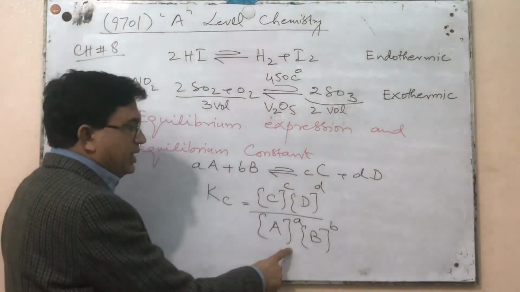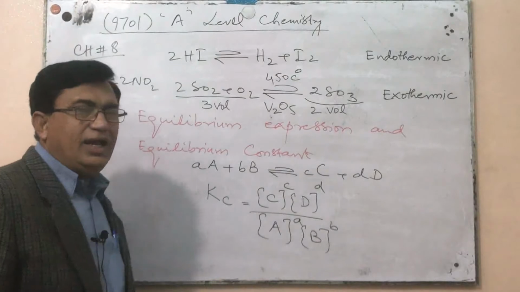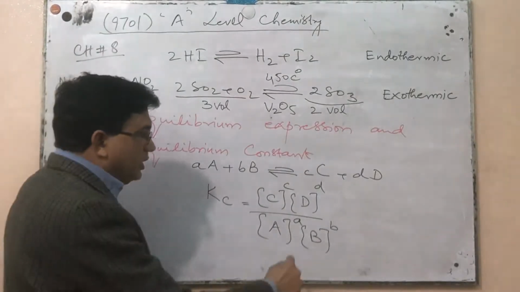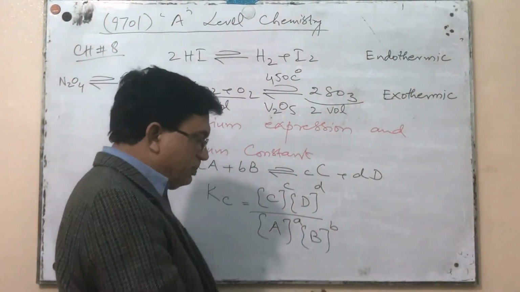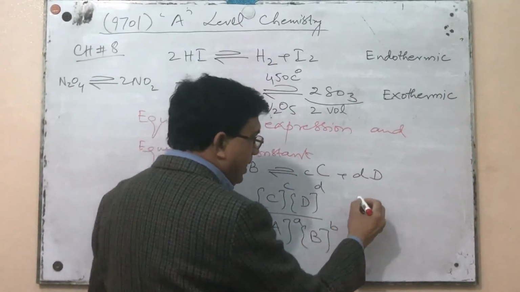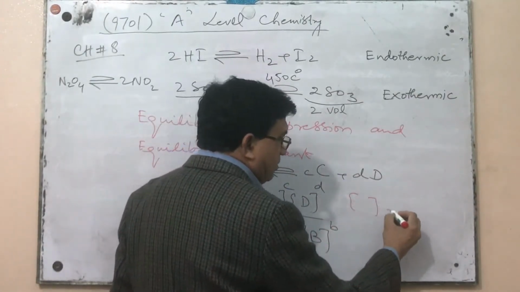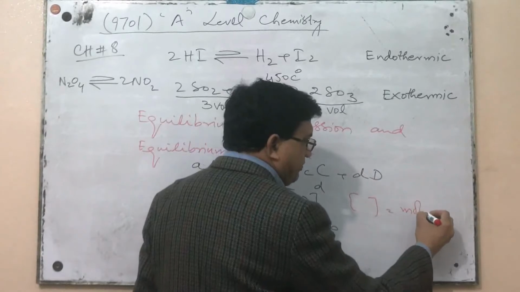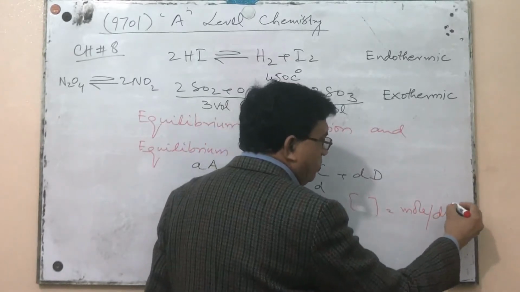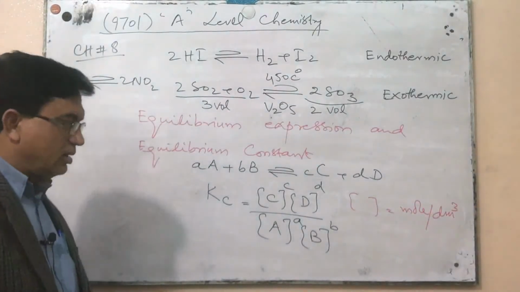This expression is used when we are dealing with concentration, because these brackets mean concentration, which is mole per dm cube. This is the meaning of these brackets.